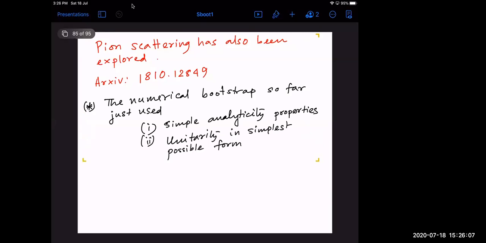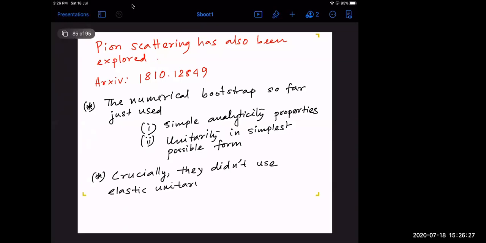Crucially, and this is very important, they did not use the elastic unitarity, the constraint that one gets from that kind of equality.